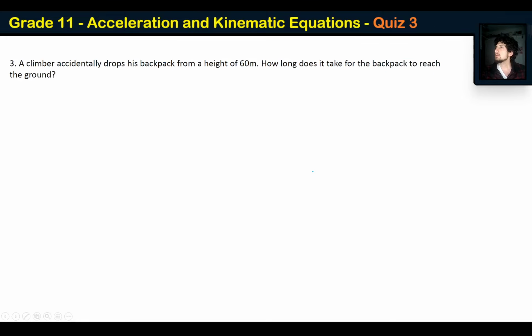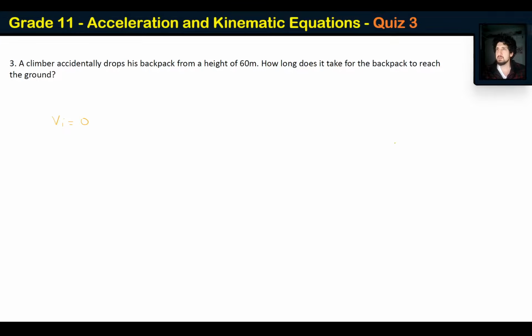A climber accidentally drops his backpack from a height of 60 meters. This is a slightly different question now, much more interesting indeed. How long does it take for the backpack to reach the ground? Okay, so what do we have? Remember, we need about 3 variables. So a climber accidentally dropped their backpack from a height of 60 meters. We've got VI, which is 0.